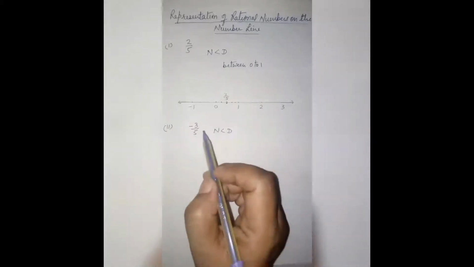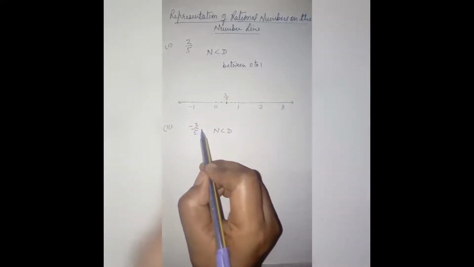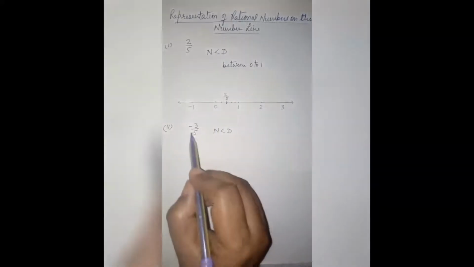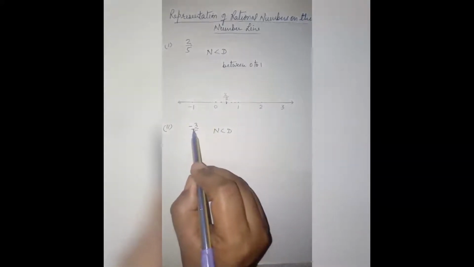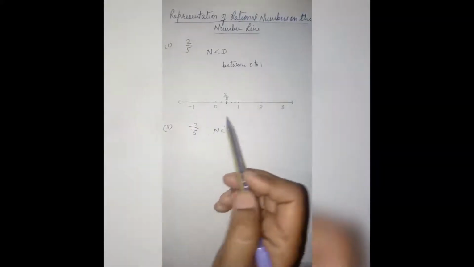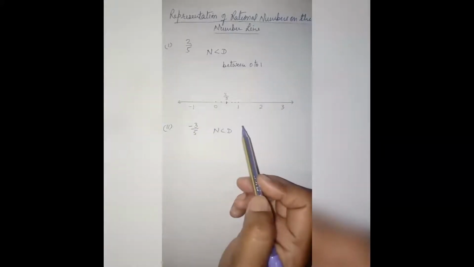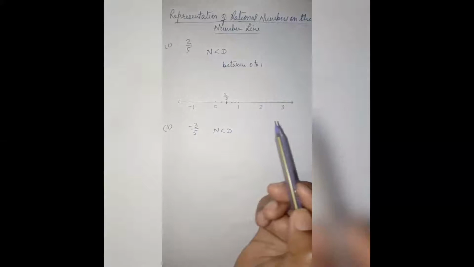So you will mark this rational number between 0 and minus 1 because here you are given a negative rational number. Remember this. If it is a negative rational number, it will be 0 to minus 1. If it is a positive rational number, it will be 0 to 1.